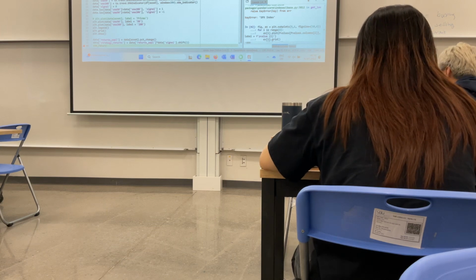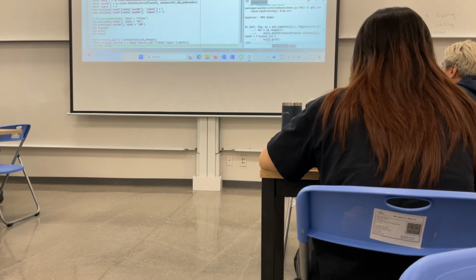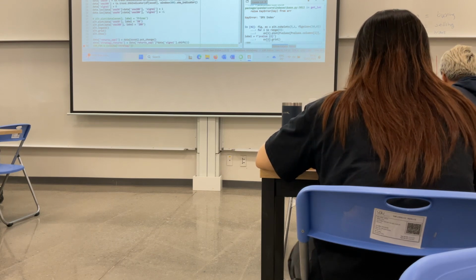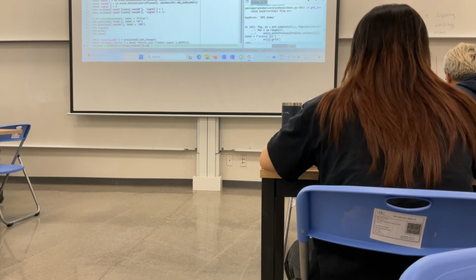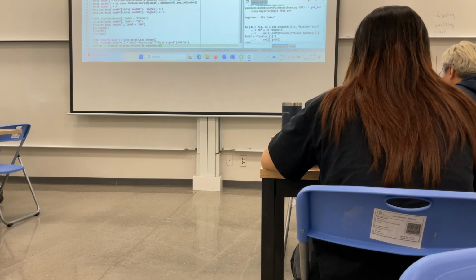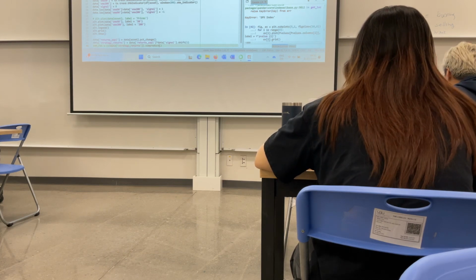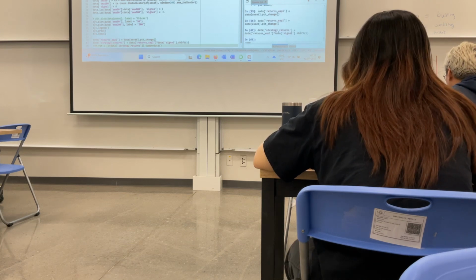So the cumulative returns will be 1 plus data strategy returns, then the cumulative product.